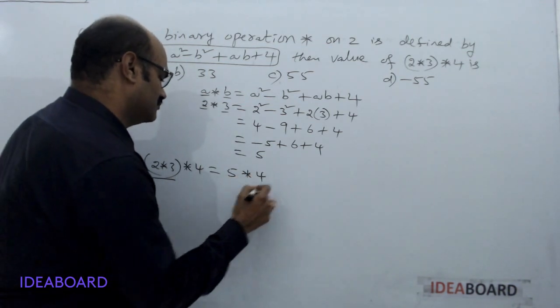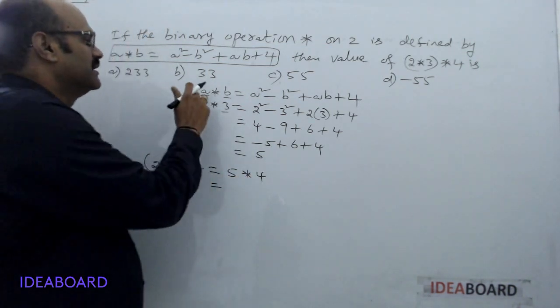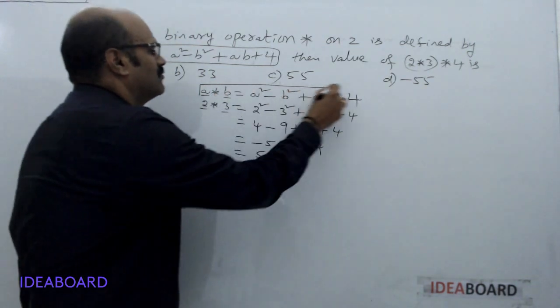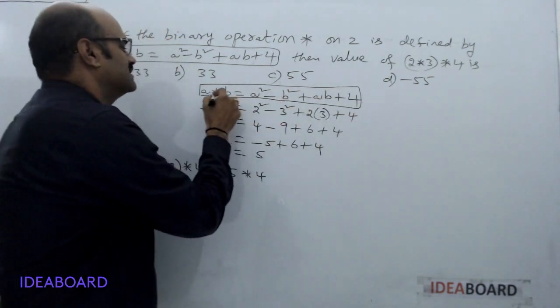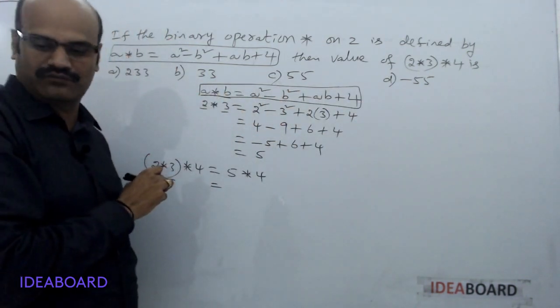5 star 4. Now it's defined by A star B equal to A square minus B square plus AB plus 4.